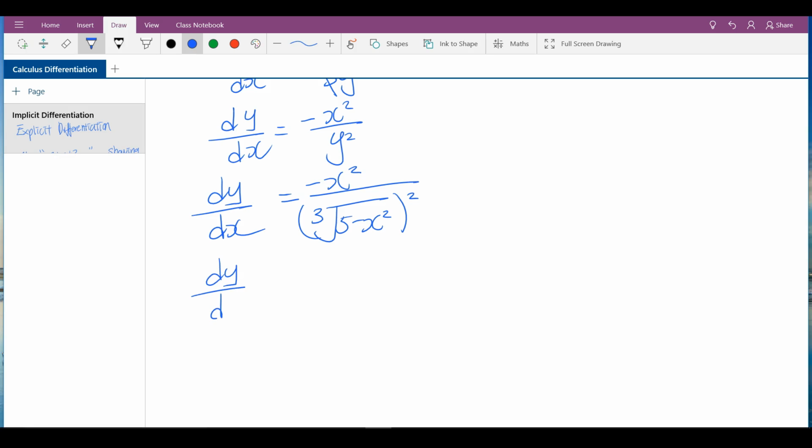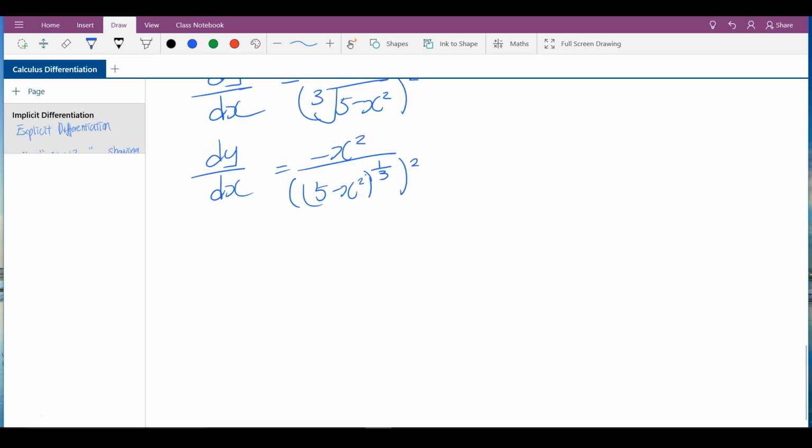If you want to make it look nicer, that is just negative x squared over 5 minus x cubed to the power of 1 over 3. Cube root is 1 over 3, sorry. And then to the power of 2. And now with our index law, we can just multiply the power.